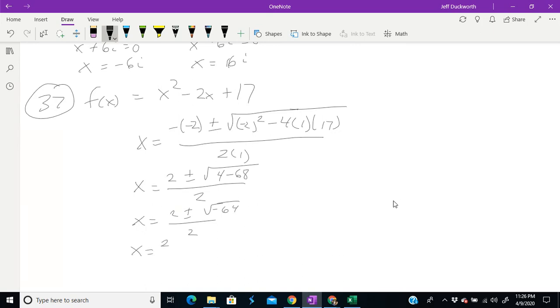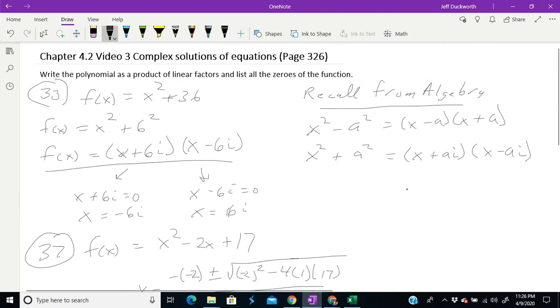So it's 2 plus or minus, the root of 64 is 8, so that's 8i over 2. Which means we can pull out a 2. So that means x equals 1 plus 4i or 1 minus 4i. So these are the two solutions.